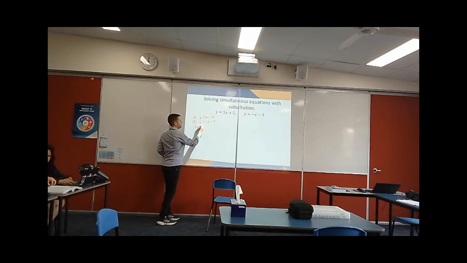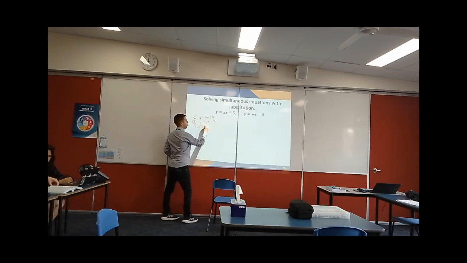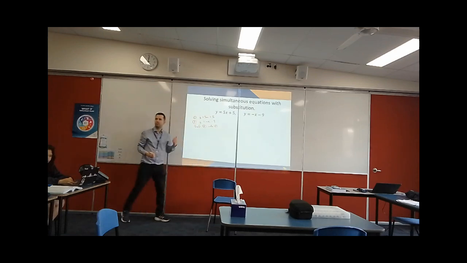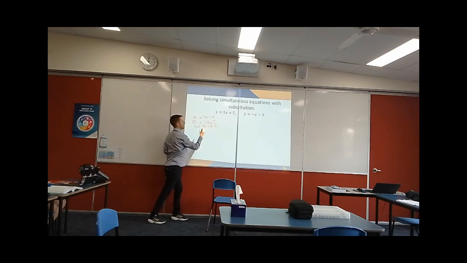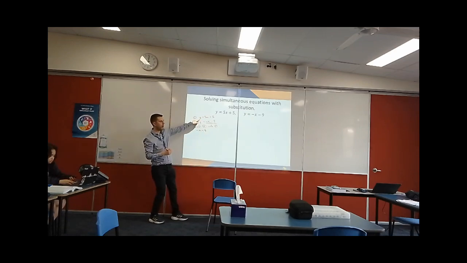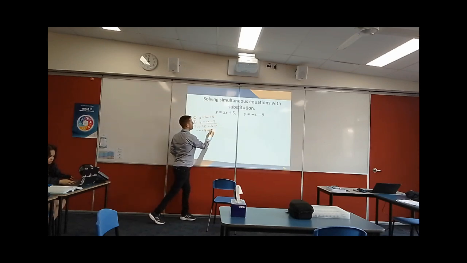I'm going to sub 2 into 1. Because y is by itself, I can do this already. So in this case here, I'm going to write what y is worth and plug it in. That means I've got negative x take away 9 is equivalent to 5x plus 5.